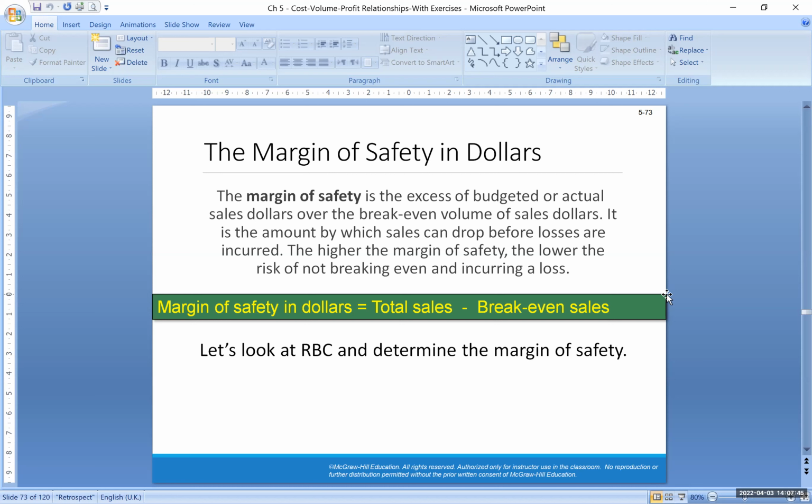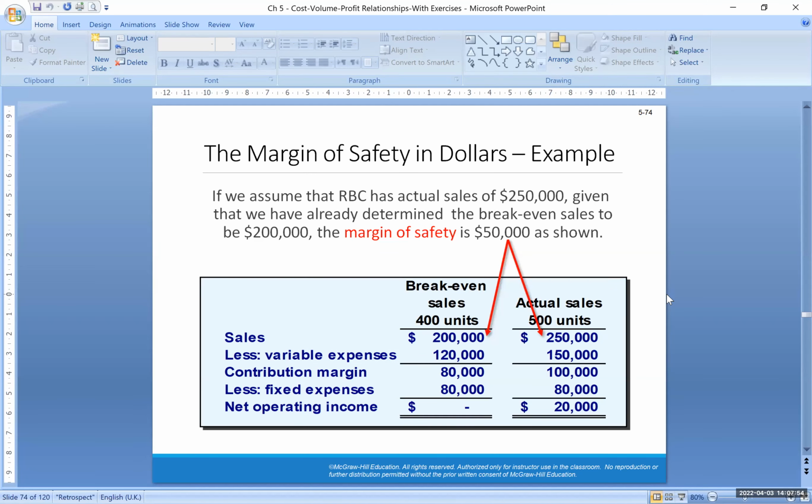Let's look at the RBC example and determine the margin of safety. If we assume that RBC, the company, has actual sales of $250,000, given that we have already determined the break-even sales to be $200,000.